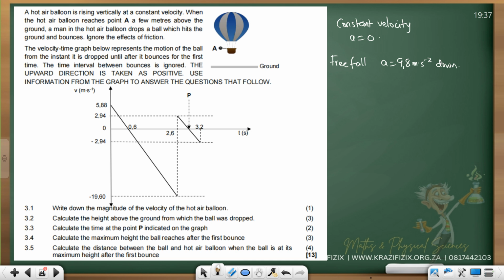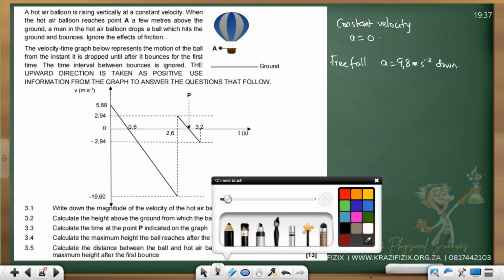So if you are in the car, you are also what? Moving at the speed of the car. Does that make sense? So anything inside the hot air balloon is also what? Moving. Hence, that ball that was dropped wasn't 0. It was moving at the initial velocity of the what? Hot air balloon.